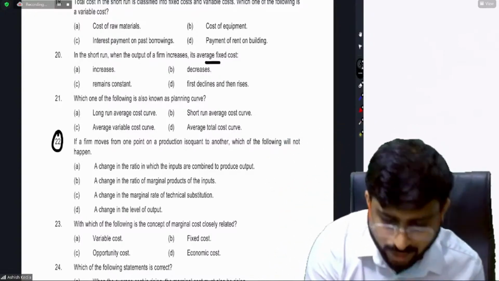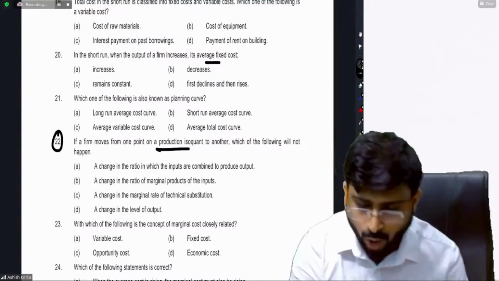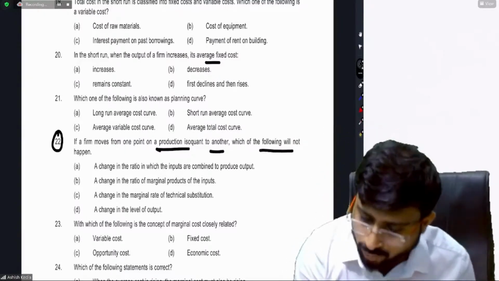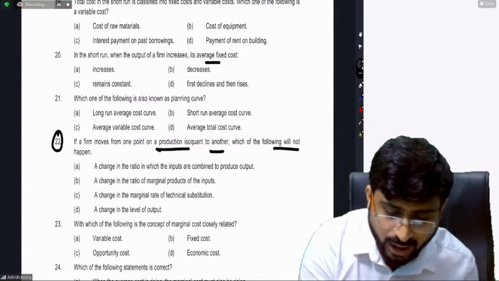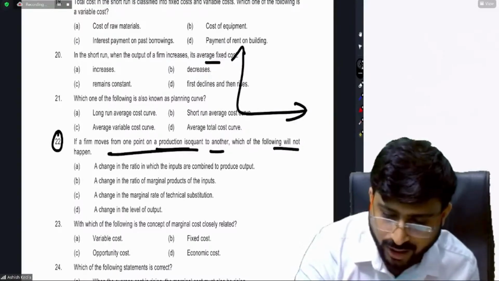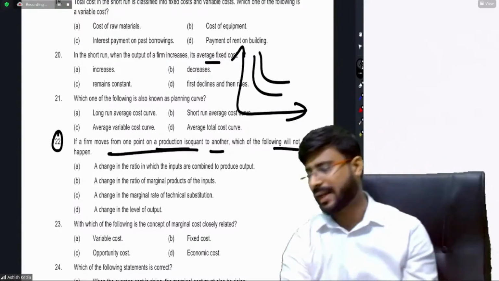If a firm moves from one point on a production isoquant to another, which of the following will not happen? If a firm moves from one production isoquant to another production isoquant.